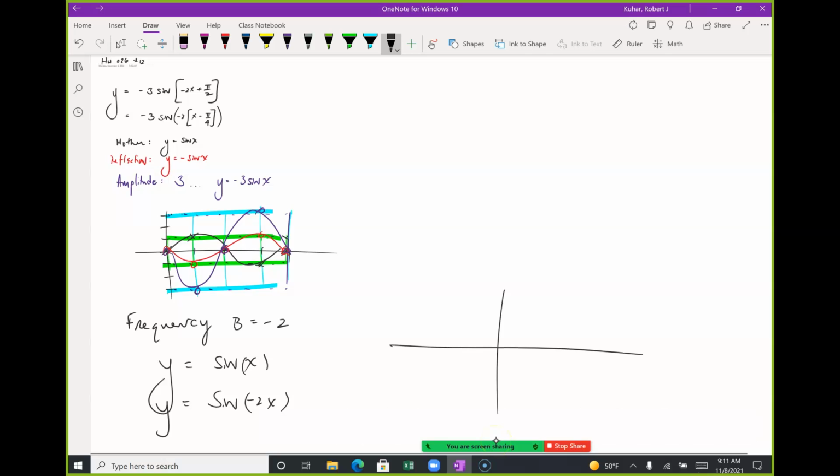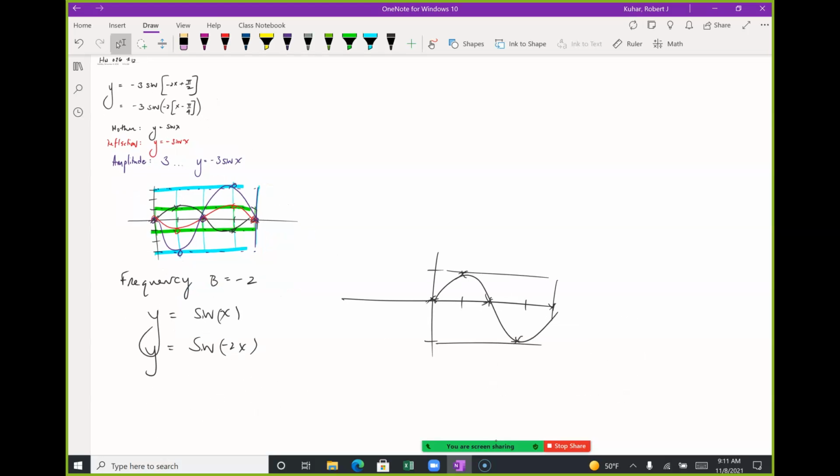So sine x has a period of 2 pi, right? And I'm working counterclockwise, so I'm working right to quadrant 1 to quadrant 2 to quadrant 3 to quadrant 4. So there's my y equals sine x again. And you'll see I have to do a quick sketch like that a lot today with the new material.